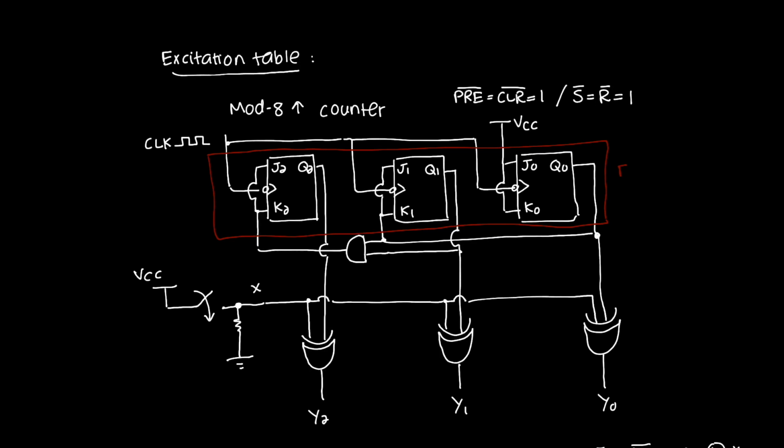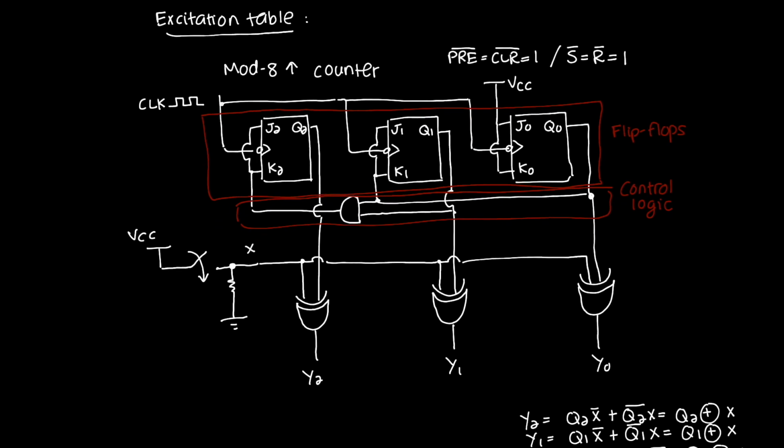So these are my flip-flops. And then I've got my control logic, which is super straightforward. It's a mod 8 up counter, so the control logic is actually stupid simple. And I've got my output logic over here.